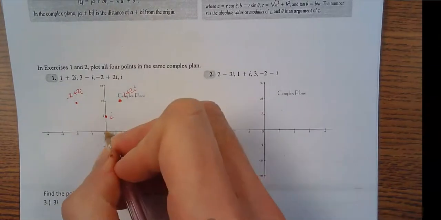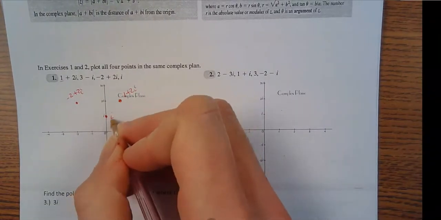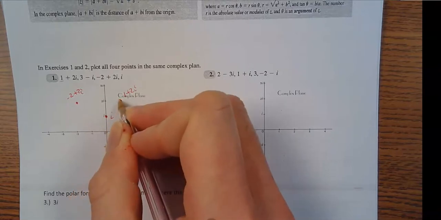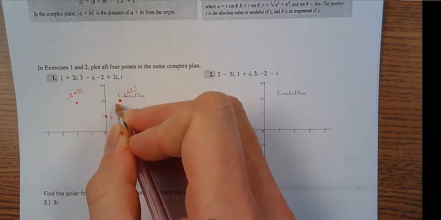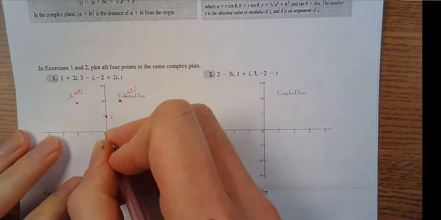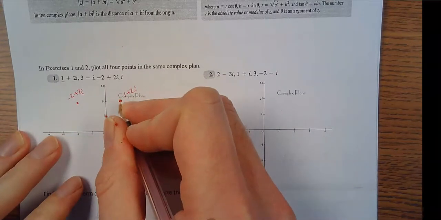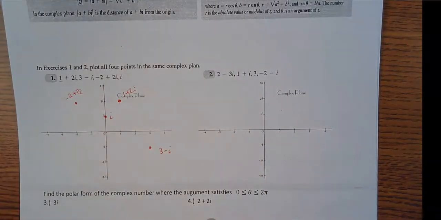Now the distance from the origin would be its absolute value. So when I say absolute value of this, just think 1 squared plus 2 squared would equal the distance squared. So it's really just the hypotenuse of a right triangle that is how we're going to find that distance. We'll get to some of that towards the back.